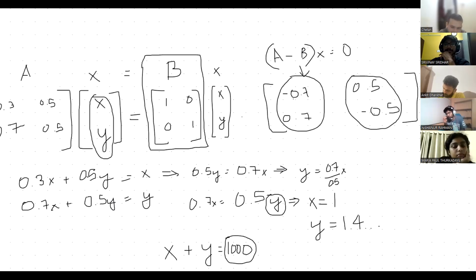This is nothing but minus 1, 1 of 0.7, right? Let me just write this. So this is the first column, and the second column is 1, minus 1 of 0.5. Let me move this side.